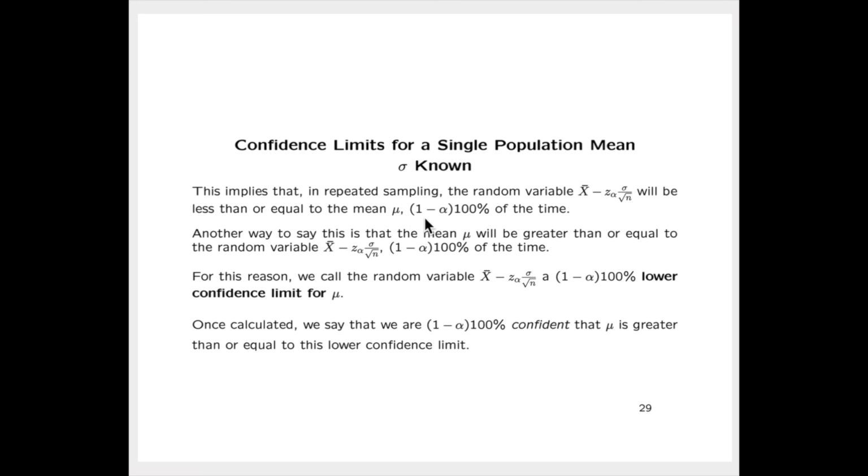So the way that we can interpret this confidence level, 1 minus alpha times 100%, is to think of 1 minus alpha as the probability, before we select the sample, of obtaining a sample for which this random variable is less than or equal to mu.